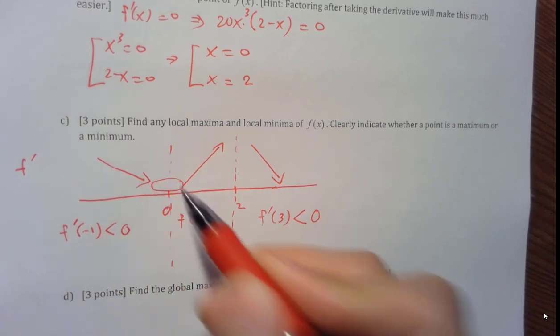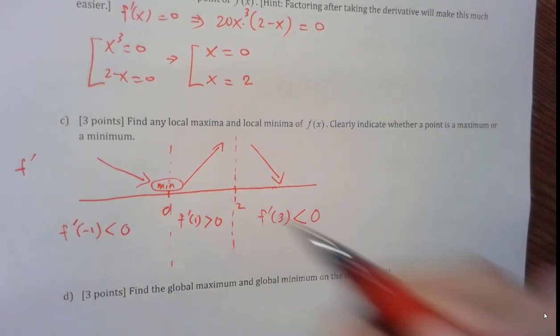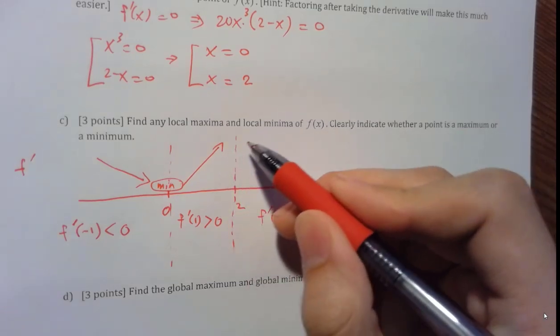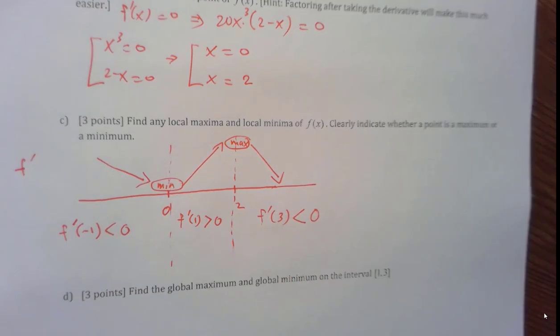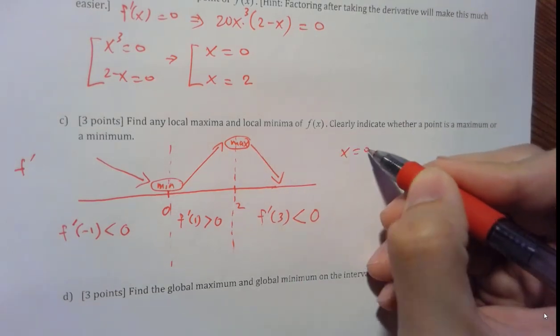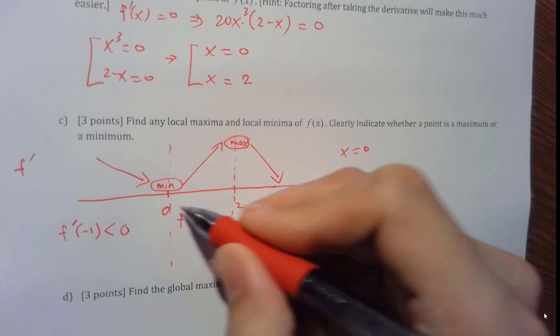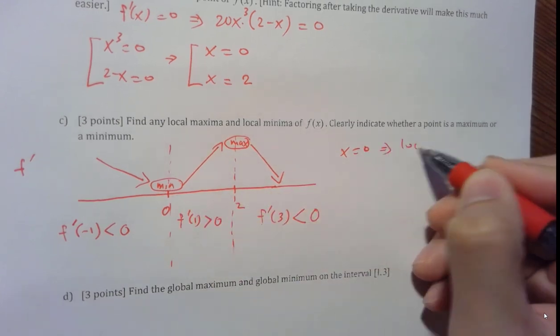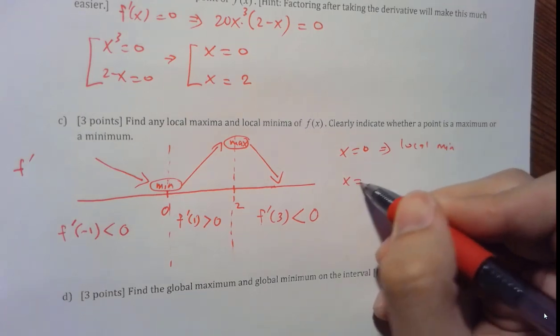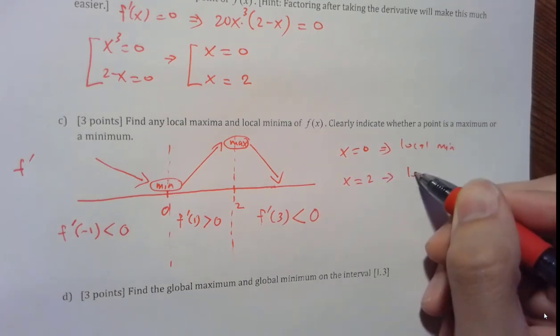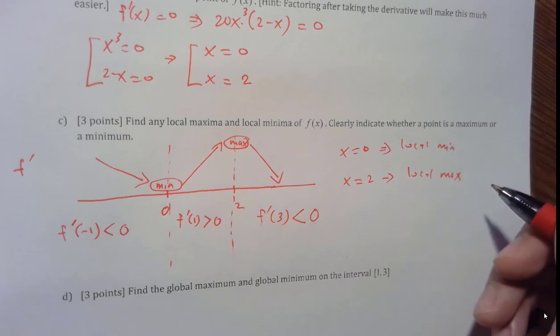This is the local min. Then increasing, decreasing: this is the top, the local max. So x equals 0 gives you the local min, and when x equals 2, you get the local max.